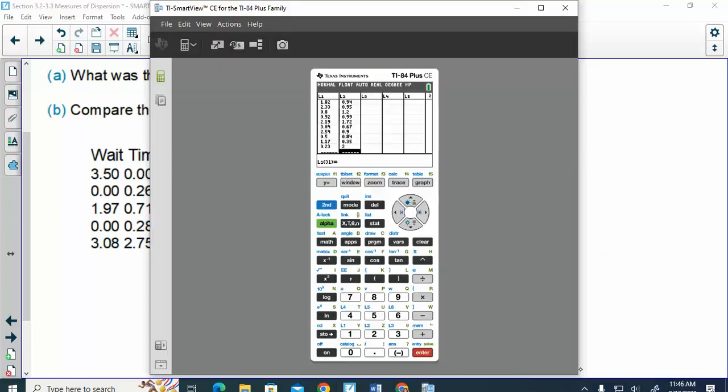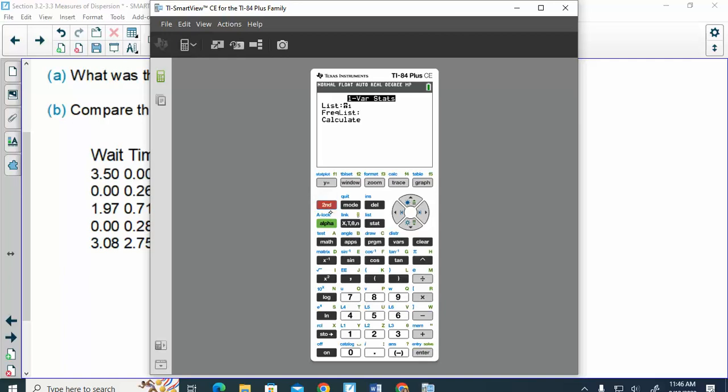You have a couple different options for getting the mean. We did it yesterday. Do you guys remember what we went to? Stat, calculate. And if you go to one variable statistics, you have to tell it which list you want the stuff for. So you could do that for L1, and then you could go back in and do it for L2 and get both groups.